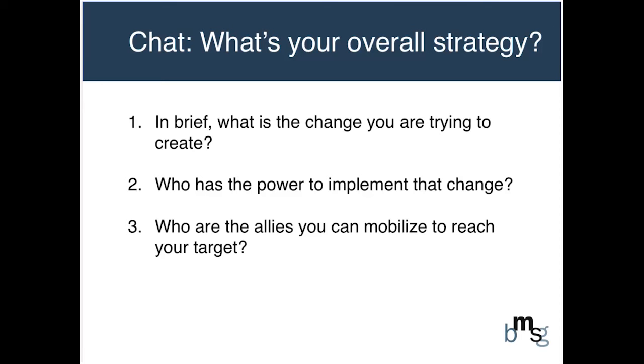But the important thing that we want to draw everyone's attention to right now is the fact that it's a fundamentally different exercise to develop messages when you're messaging towards a specific goal than when you're just developing messages to inform the public about an issue. And when we talk about strategic communications, we're really talking about the former.